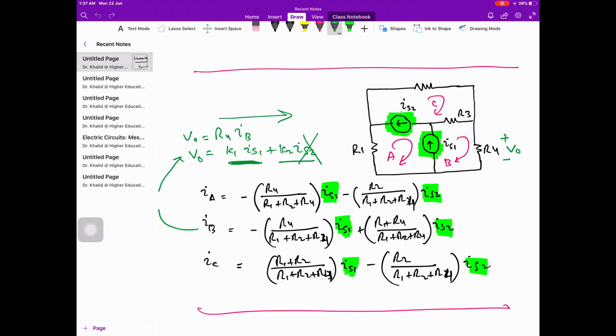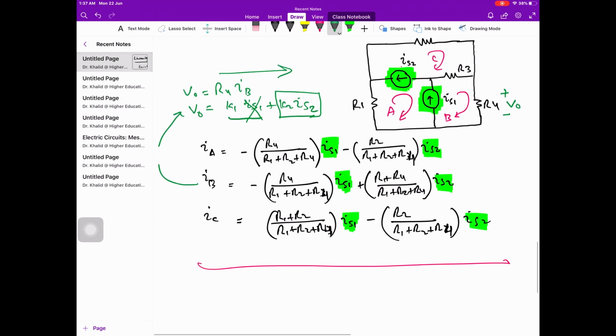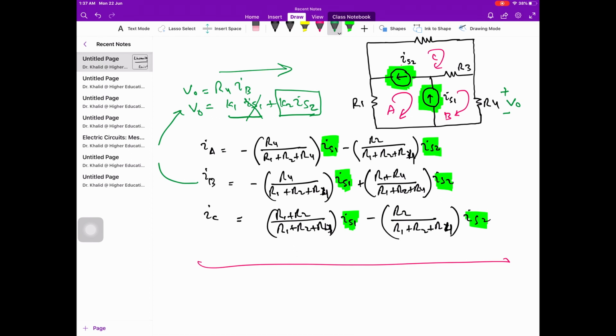To find the output voltage only due to IS2, eliminate IS1, and you can find the output voltage only due to the second source. The net output voltage will be the sum of these two. This is the principle of superposition.